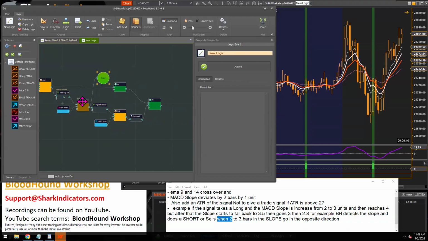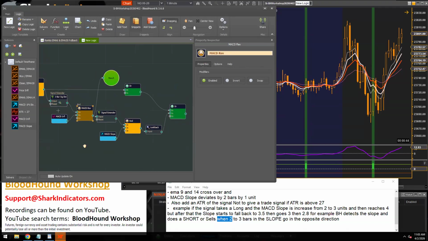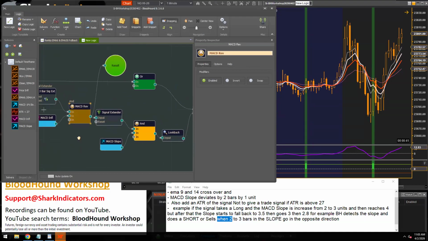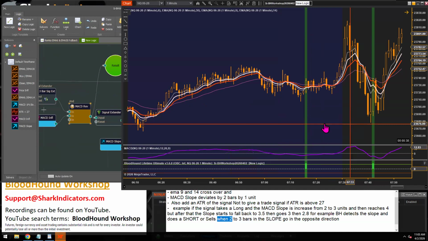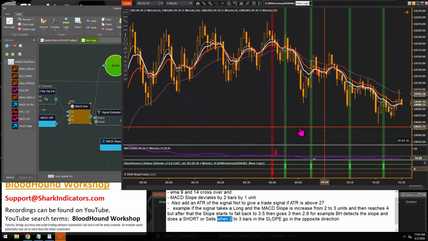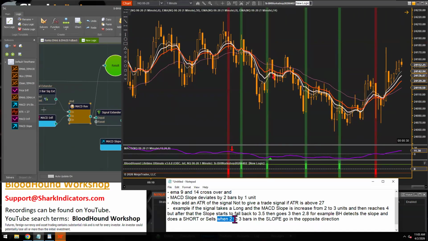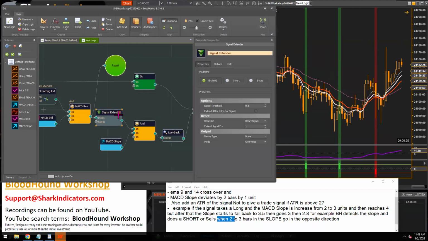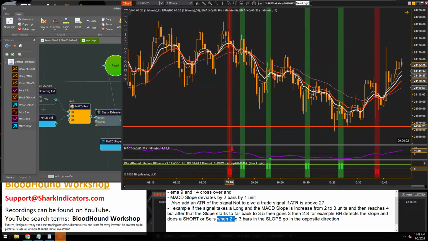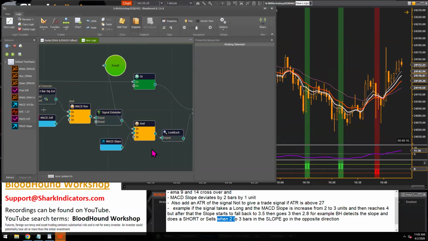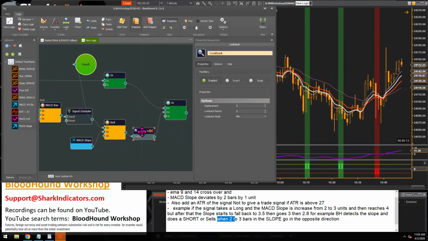If we look at the AND node here, which is our MACD reversal, that's only 1 bar there. Let's go back here. See, it's only 1 bar there. So if we need a 2 bar continuation of that MACD, that's what our signal extender is doing. If we look at the signal extender, boom, now we have our 2-bar requirement, and then combined with the look back node, the look back node says, hey, we need a minimum of 2 bars.